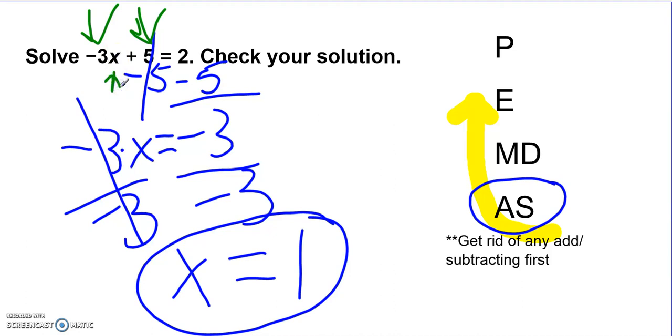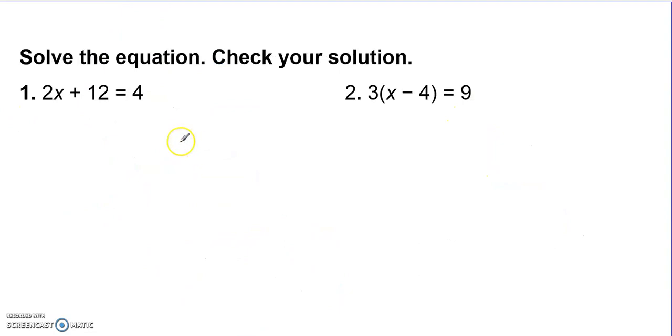So we want to get rid of our okay friend first. Get rid of them, bring them over here. And then we want to get rid of our best friend. And our best friend is always connected to us. So basically our okay friend, we usually have to add or subtract away. And then our best friend, we usually have to multiply or divide away. Okay? So that's kind of like a hint. And I'll be referring to okay friend and best friend a lot.